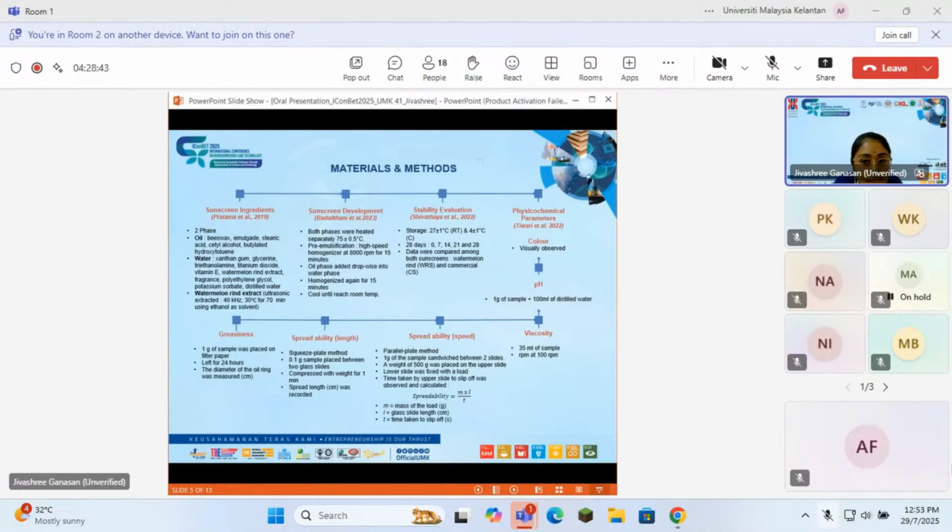For the sunscreen development, a homogenizer was used for pre-emulsification of the oil phase and also the water phase. The sunscreen after development was cooled to room temperature prior to the physicochemical studies.